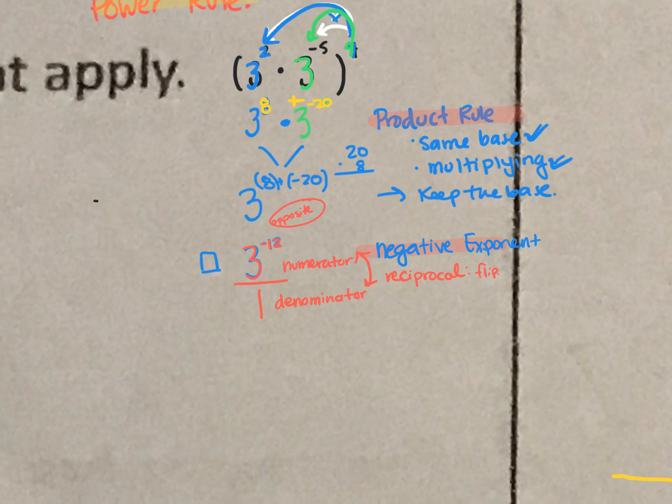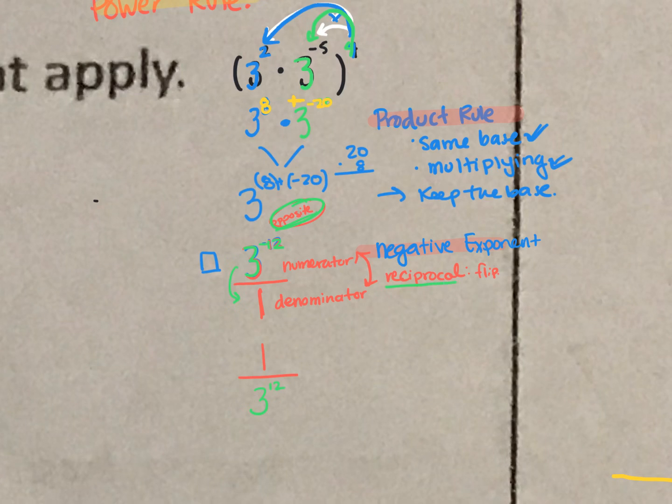So then, here we go. If you take your 1, you're going to flip it. It's going to go on the top in the numerator. And this number, 3 to the negative 12, is no longer, it's going to go opposite. So it's going to go to the denominator. And now you're positive, because you already went opposite. You flipped it.